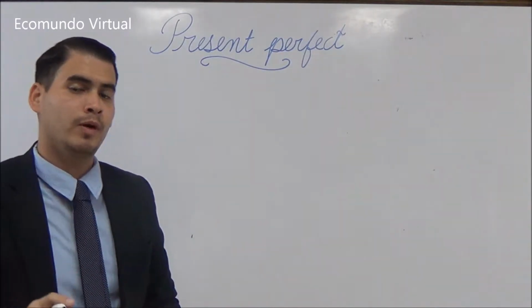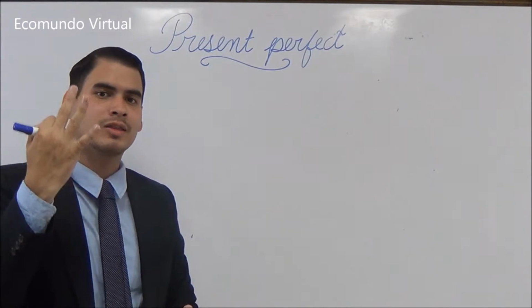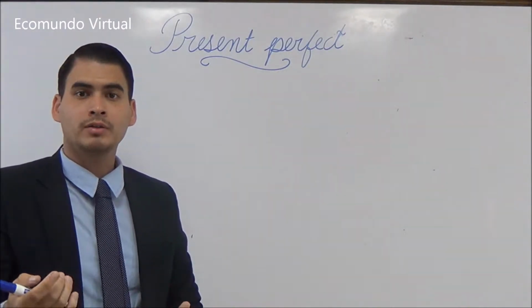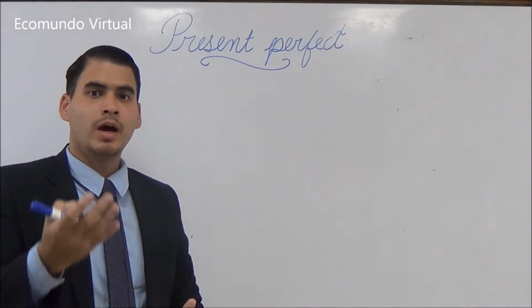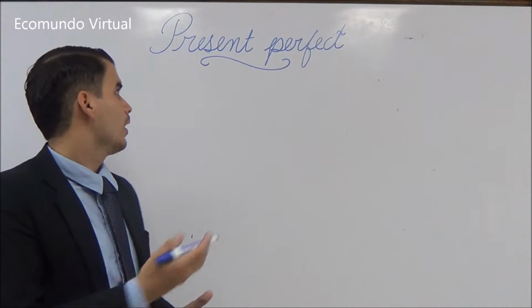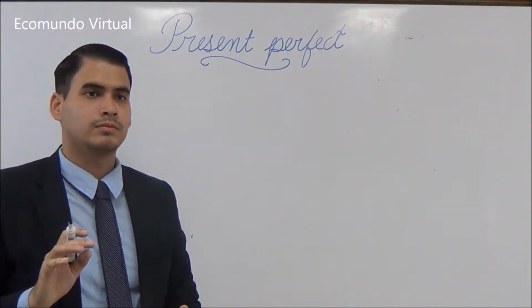I have told you that in each sentence there are three main components: the subject, the verb, and finally the complement or the object. In present perfect, it's a little bit complex.